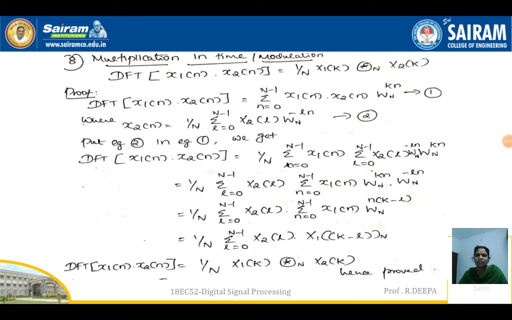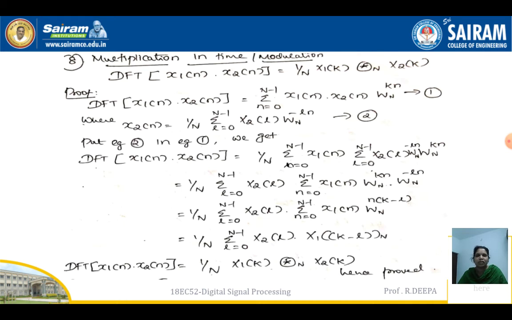Let us see the next property of DFT, that is multiplication in time, or otherwise it is also known as the modulation property of DFT. What this property says is that when I multiply two different sequences x1 of n and x2 of n, and take the DFT of the product, it is equal to the circular convolution in the frequency domain multiplied by 1 by n.